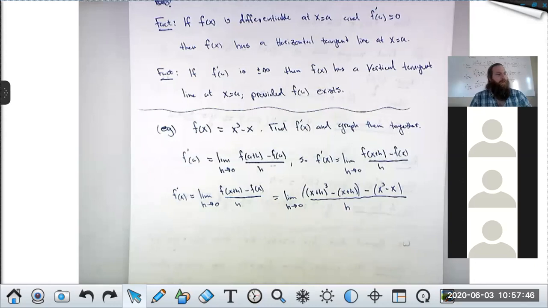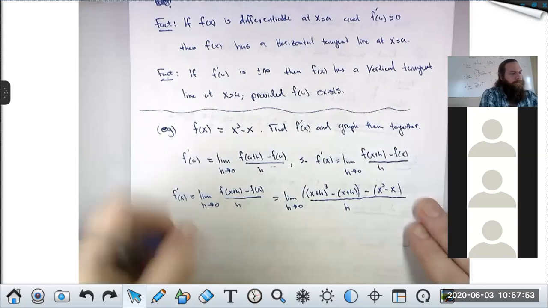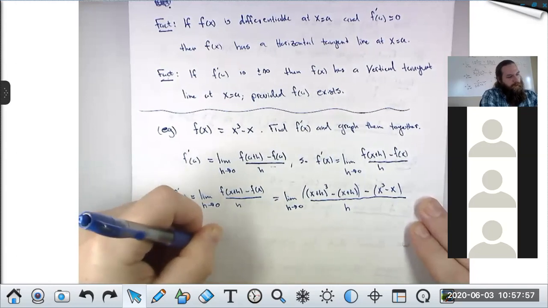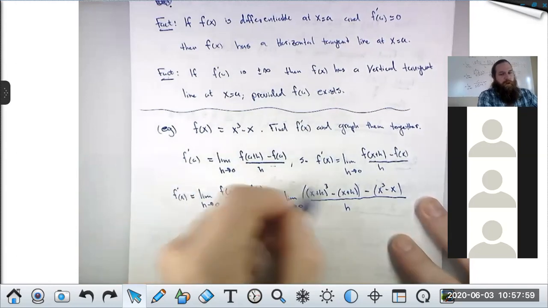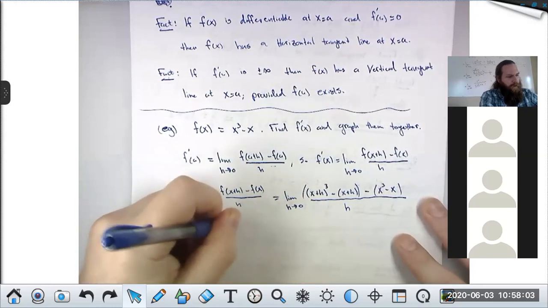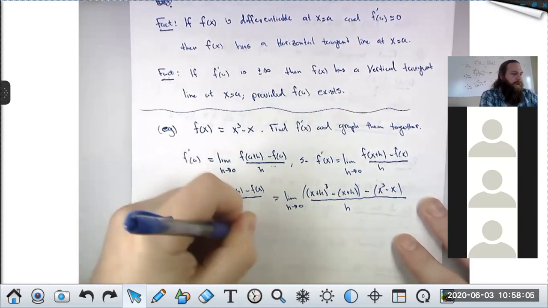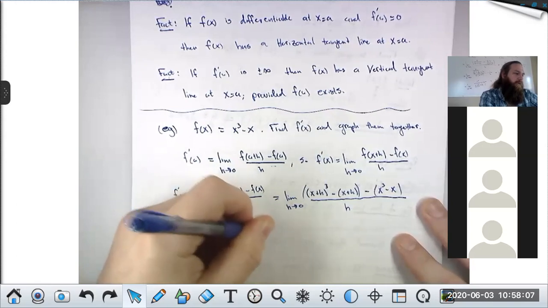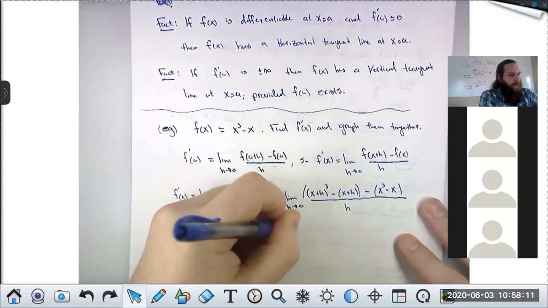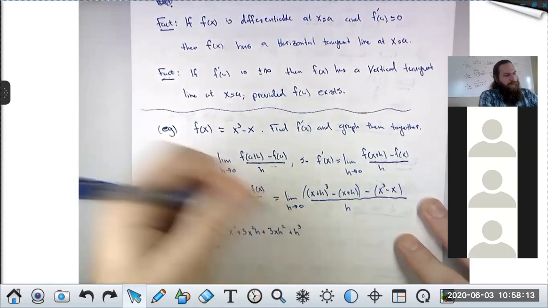Okay. So then let's just hold on to our pants and go through this calculation and see what we come up with. The x plus h all cubed, I'm going to do that quickly. That's x cubed plus 3x squared h plus 3x h squared plus h cubed.